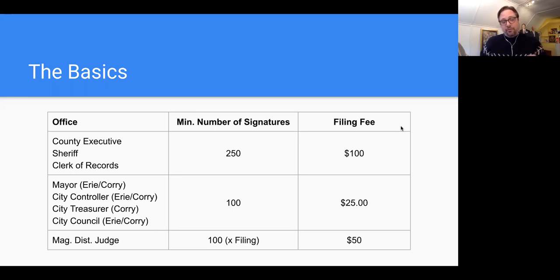And as I said before, the caveat to that is that some offices, district magistrates, and members of the school board are allowed to cross file, which means you can be both on the Republican and Democratic ticket. If you are running as a Democrat, you will need to have a registered Democrat circulate your petitions for you if someone is helping you to circulate these nominating petitions.